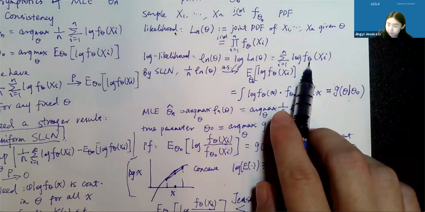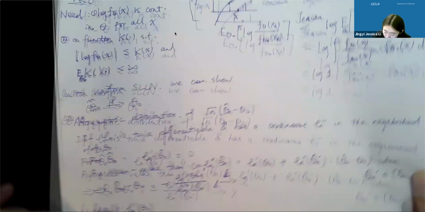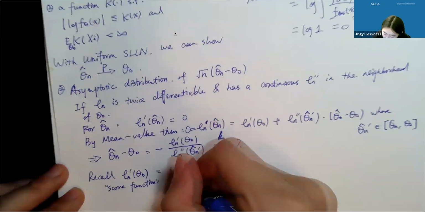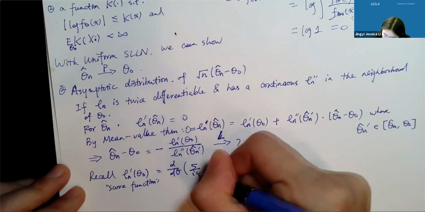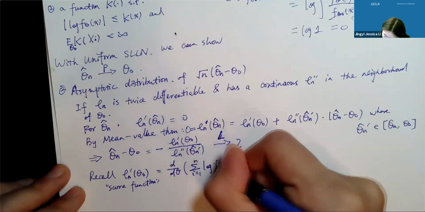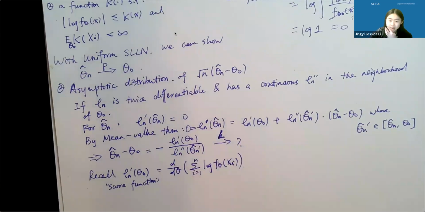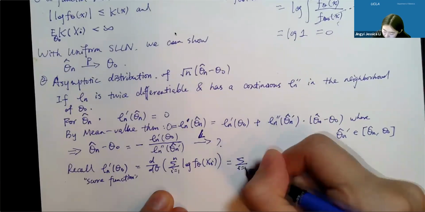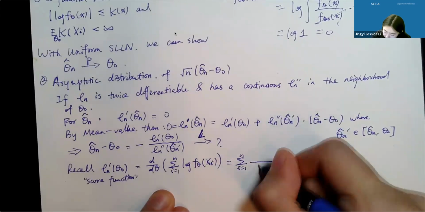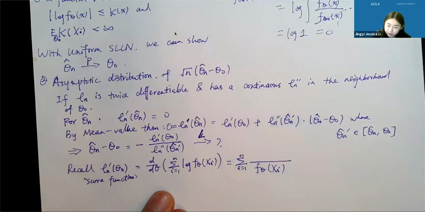against theta. By the chain rule, we are able to show that this is d theta, and we are going to have f theta xi as the derivative of the log.